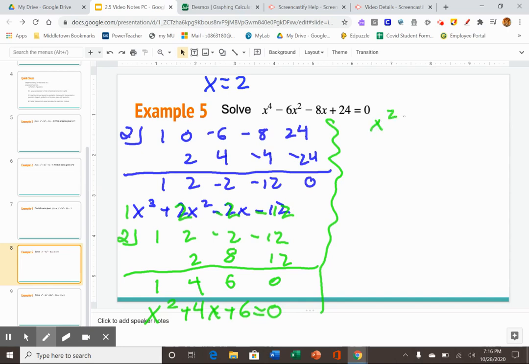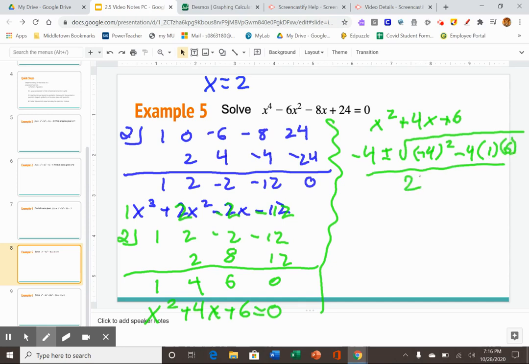We're going to have to use the quadratic formula. X squared plus 4x plus 6: -4 plus or minus the square root of -4 squared minus 4 times 1 times 6, all over 2 times 1.